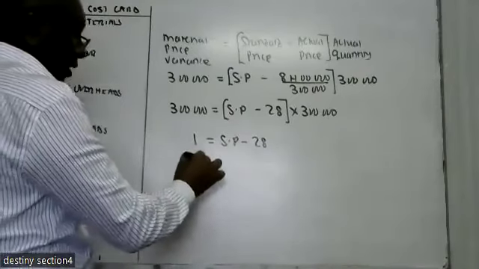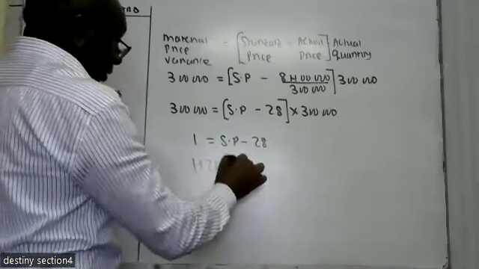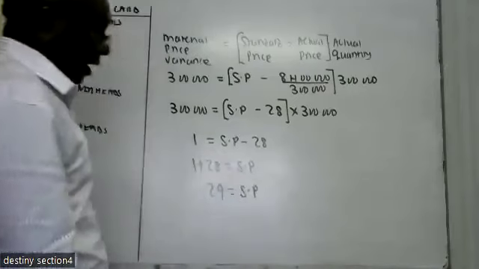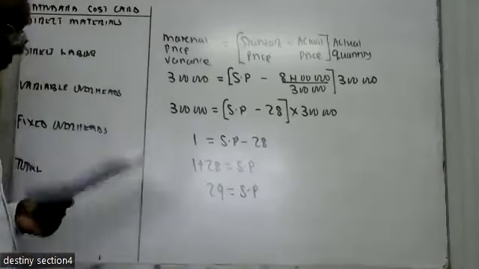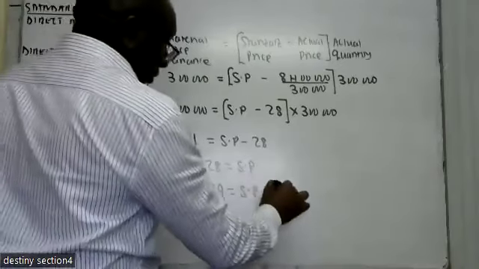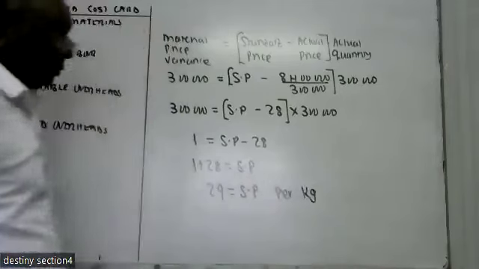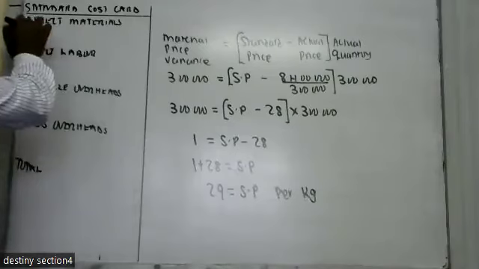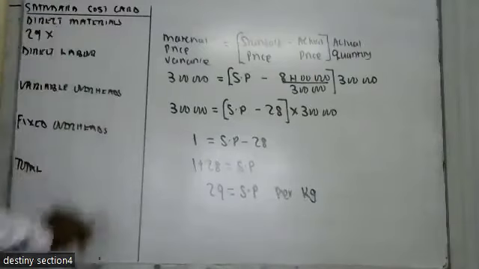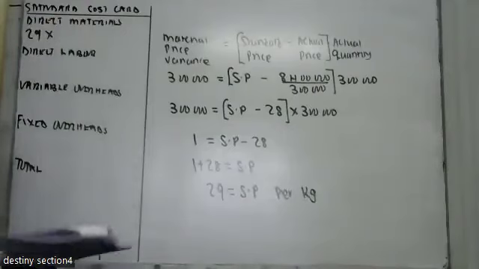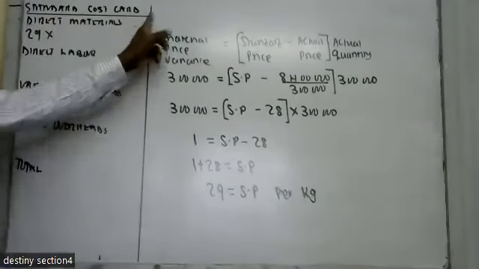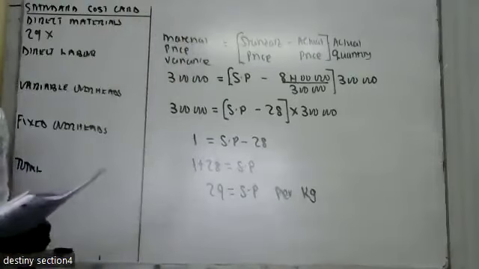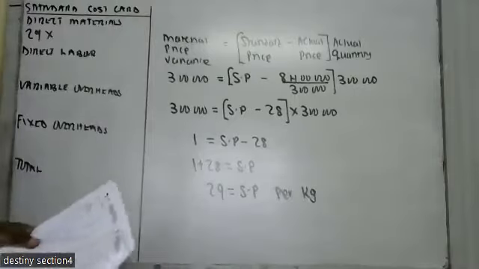Therefore 1 plus 28 is SP. So 29 is the standard price per kg. Mine, I will transfer the 29 here, so that I can use it to find the kilos. You will write here 29 as well. So we have helped to that point. Let's go to the next one.